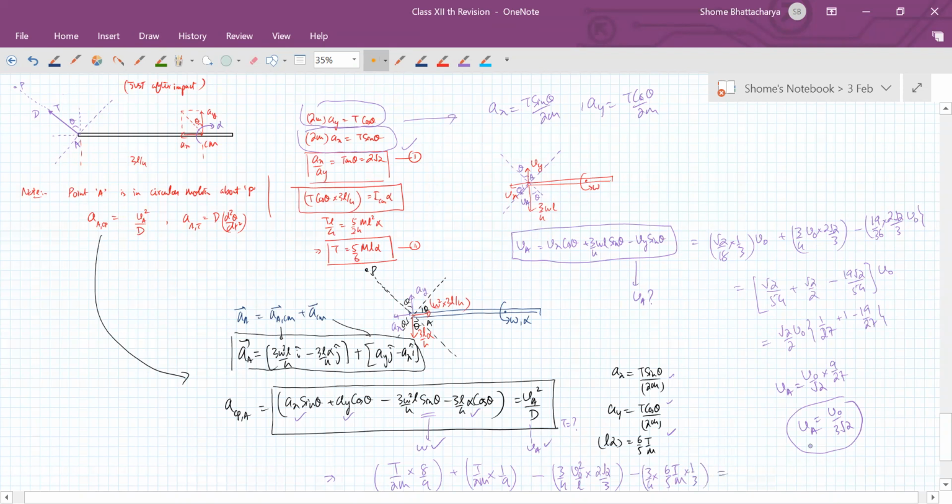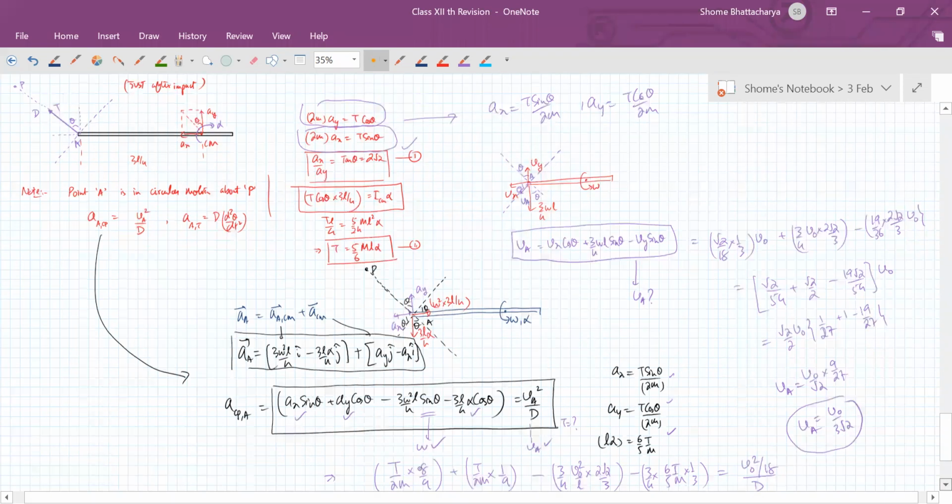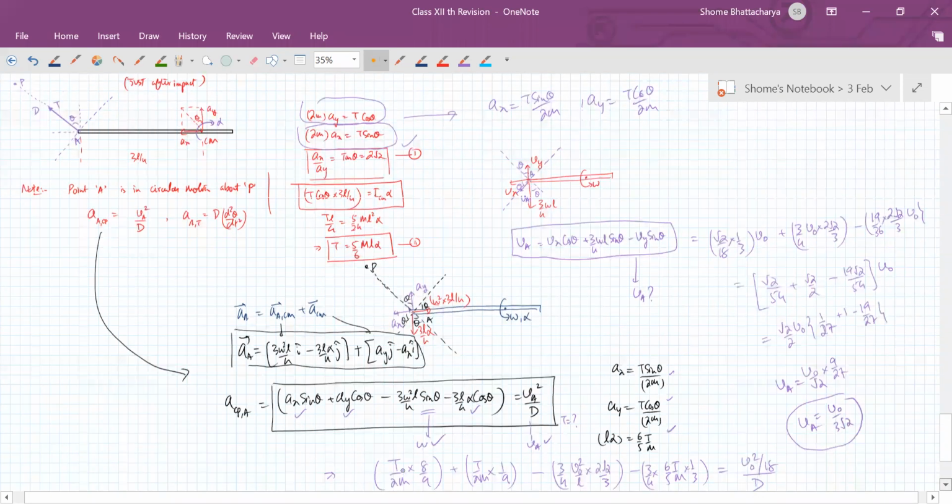So this should be equal to VA square, which is V naught square by 18 divided by D. So finally, after all this effort, we should get the value of T from this.